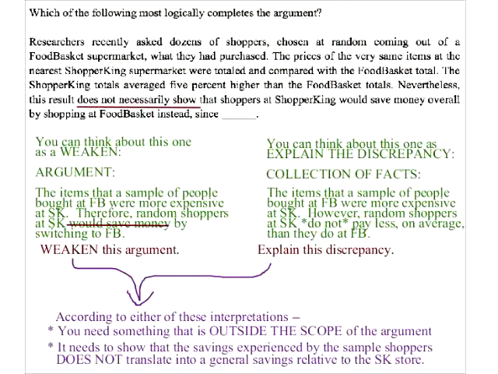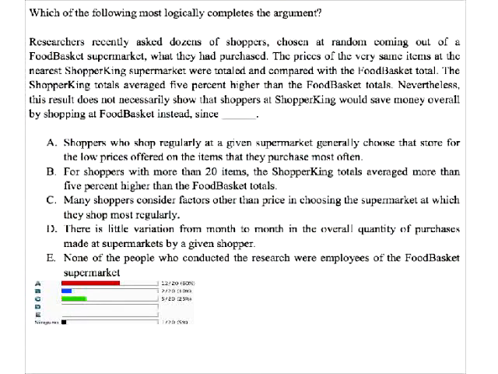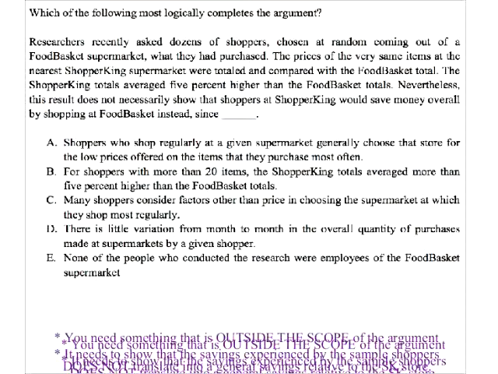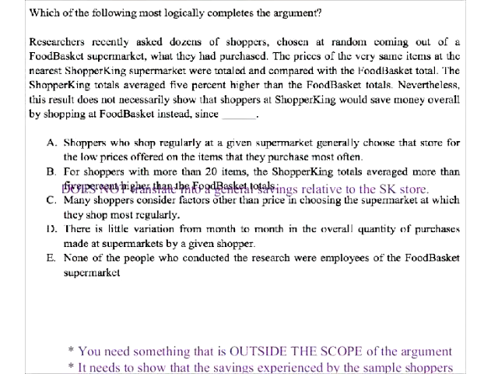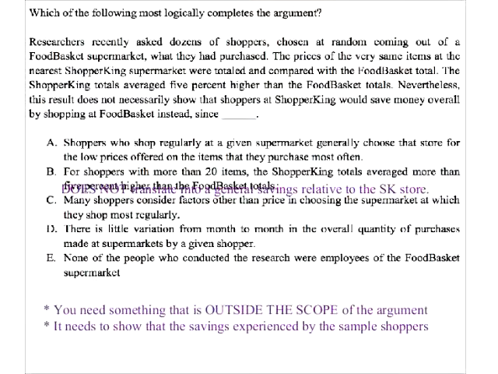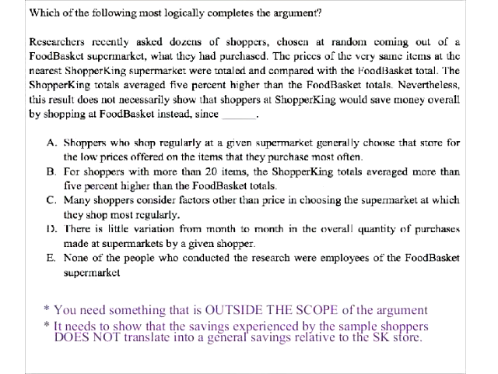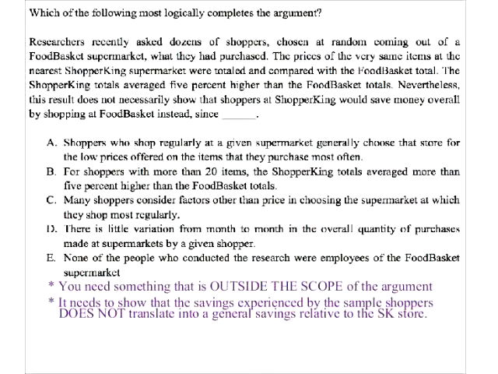Okay, so we need something that is outside the scope, and it needs to show that the savings experienced by the sample shoppers does not translate into a general savings relative to the Shopper King store.